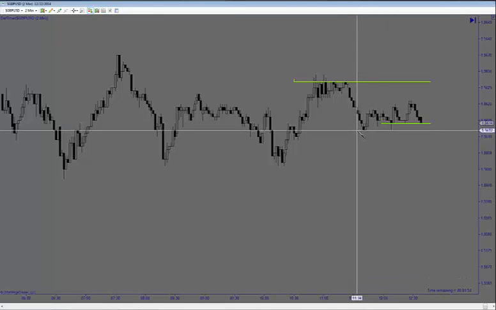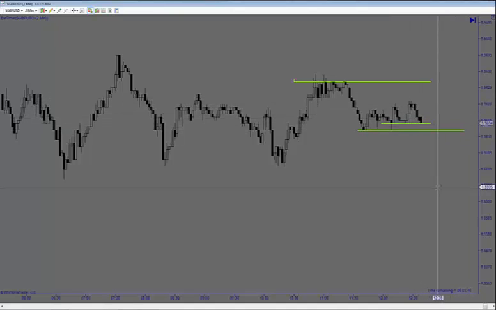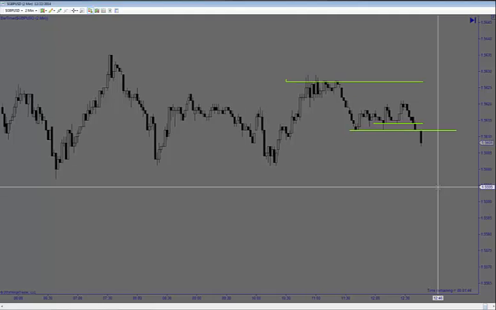I'm getting all that information from that one candle because I'm considering the context of what's happening. See? I knew that ahead of time.